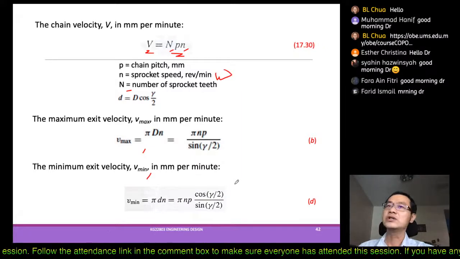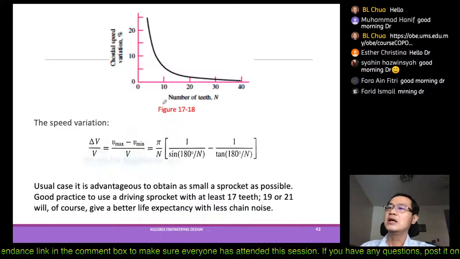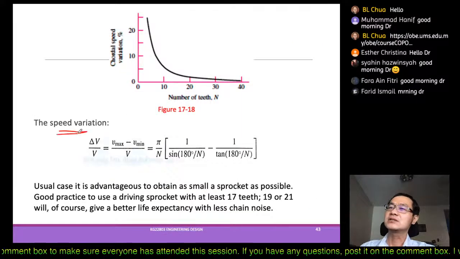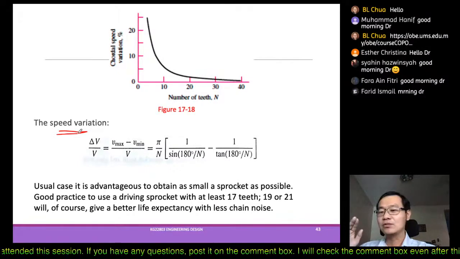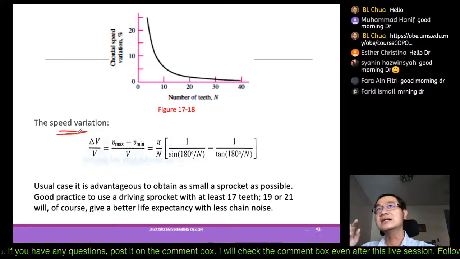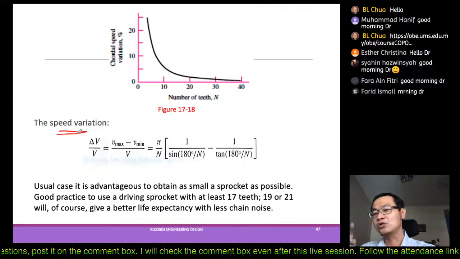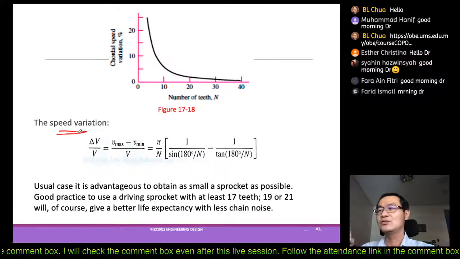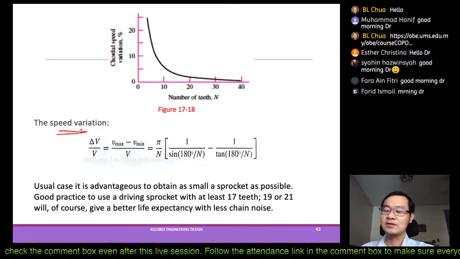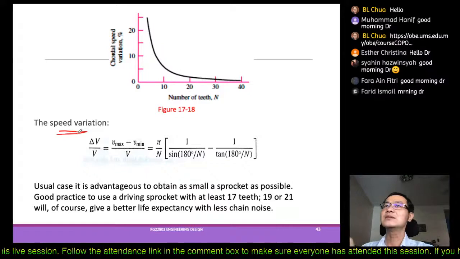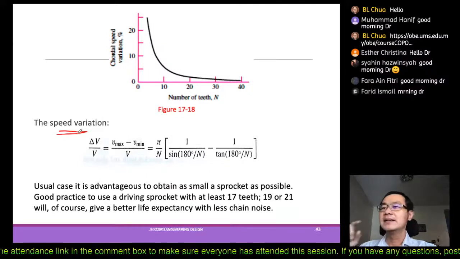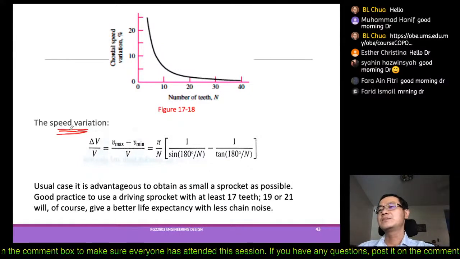These tell us the speed variation, because when it is driving, the chain tends to vibrate, so there is a variation between the maximum and the minimum, and this speed variation.